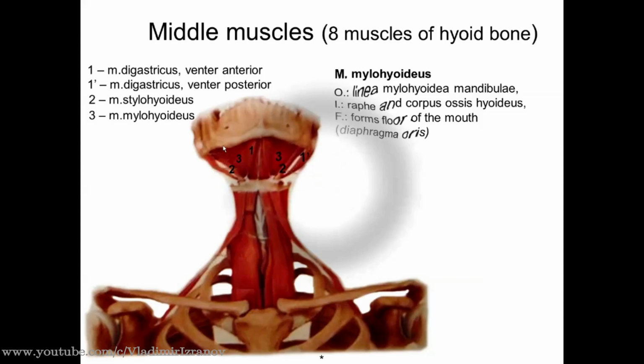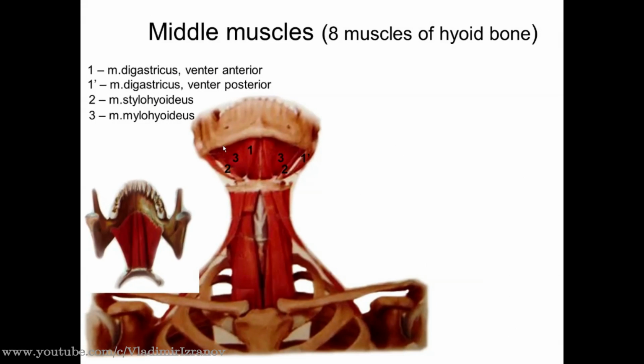Muscle number 4. To demonstrate it, we use a new specimen. To see these muscles, we need to look from the oral cavity, from above, not from the neck like here, but from the opposite side. This is the mandible.